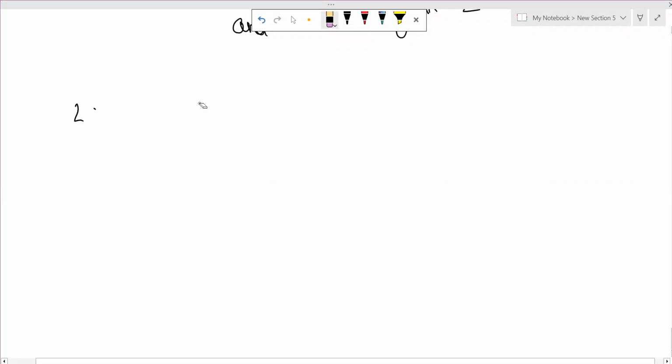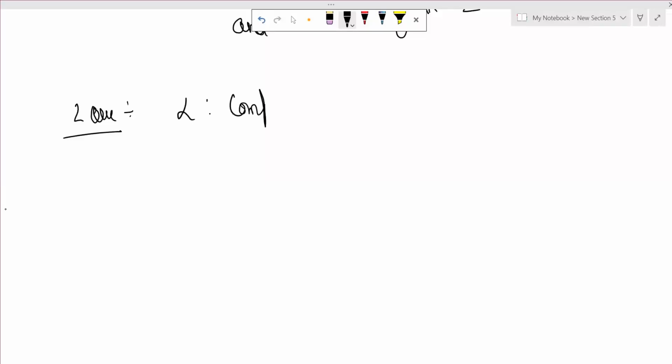So the second question. Alpha is a complex number.